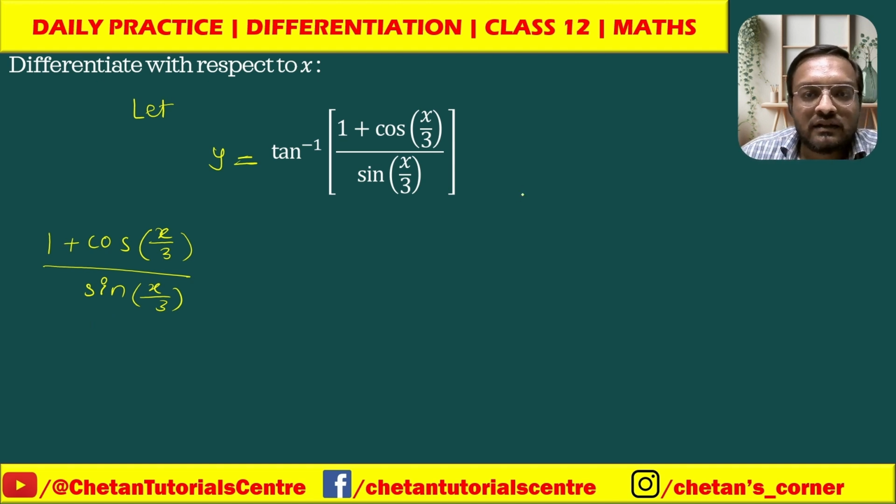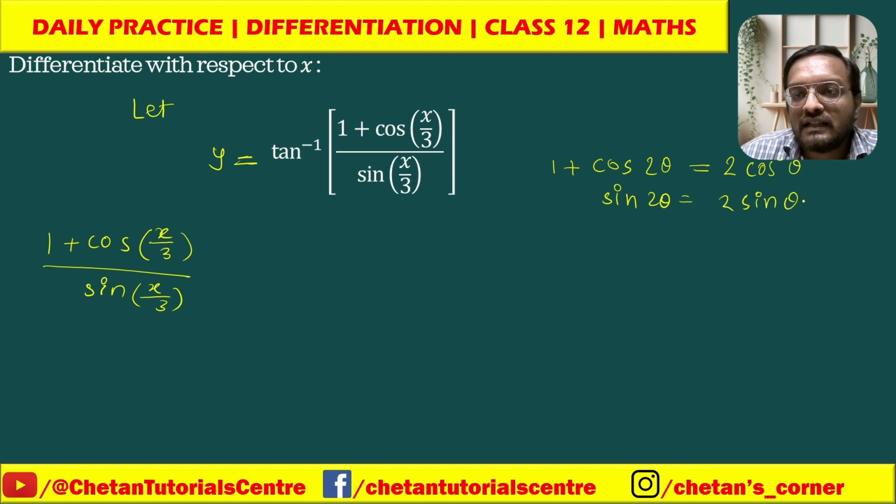Then I have the formula 1 plus cos 2 theta is equal to 2 cos square theta, and sin 2 theta is equal to 2 sin theta into cos theta. So I will apply these two formulas for this fraction: 1 plus cos x upon 3 divided by sin x upon 3.